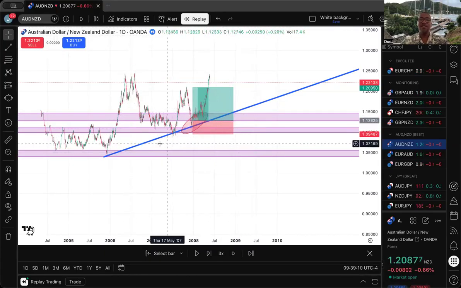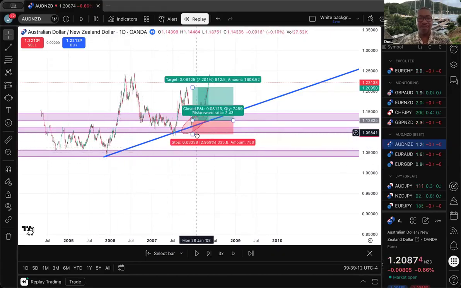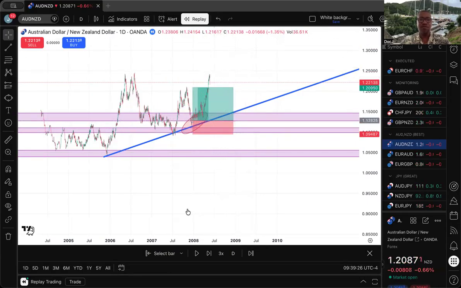If that area is transected by a trend line, right where that trend line meets that area of interest, when price comes to that point and it shows signs of rejection, that's a very good area to take a trade.